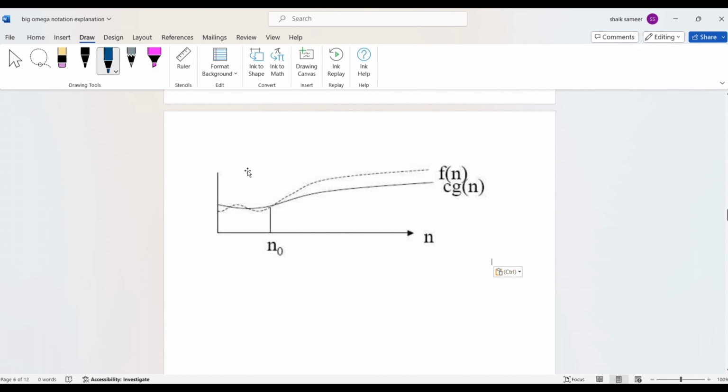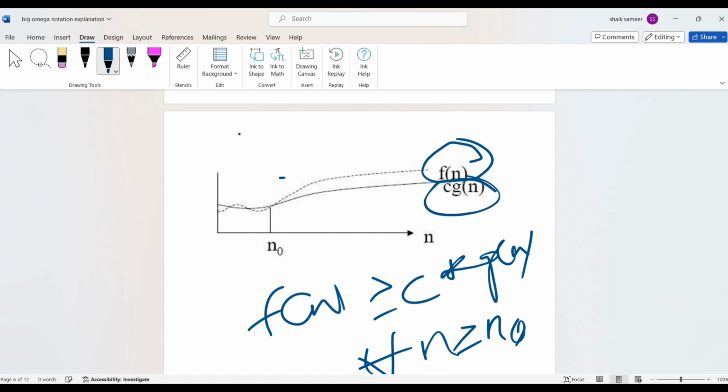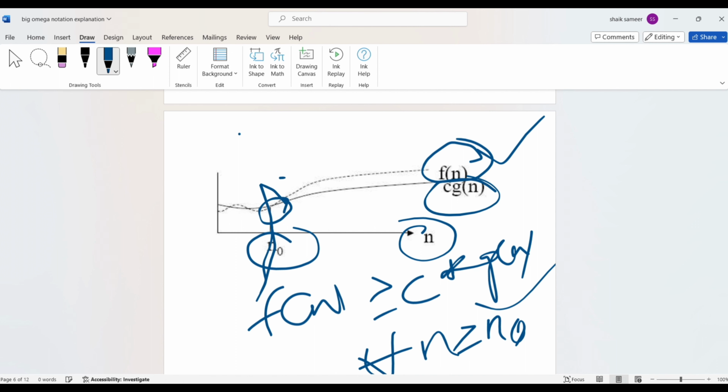According to big omega notation, f of n is always greater than or equal to c into g of n for all n greater than or equal to n naught. When you compare the two, f of n is above c into g of n, so the condition is satisfied after n naught. Before n naught, two conditions can happen.